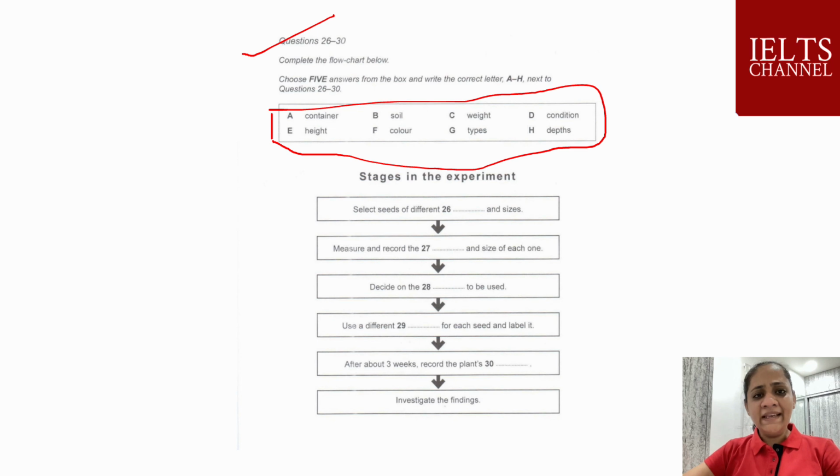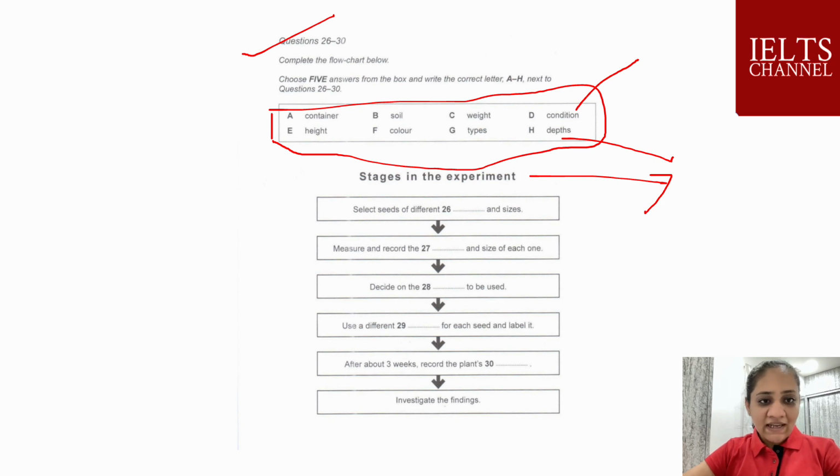If you hear the word condition, you don't write condition as your answer; your answer is D, because D is equal to condition. Like the example, depth is the answer, so you don't write depth, you write H. Now let's see the topic name, stages in the experiment.